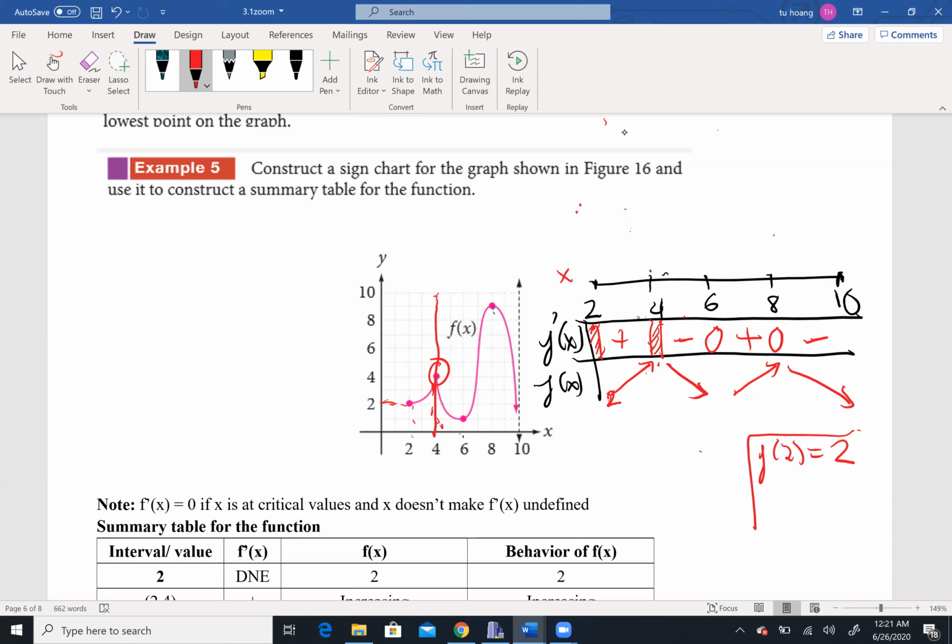Then I'm going to call this a relative maximum. And what's the value of y in here? I know that it is 4. I say 4 and 4. So f of 4 equal to 4.